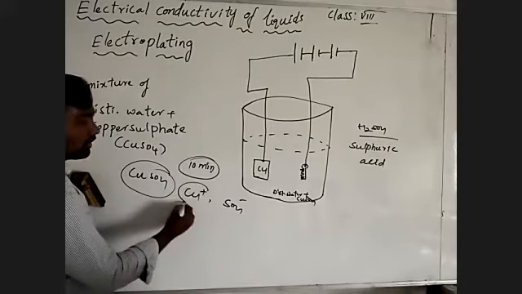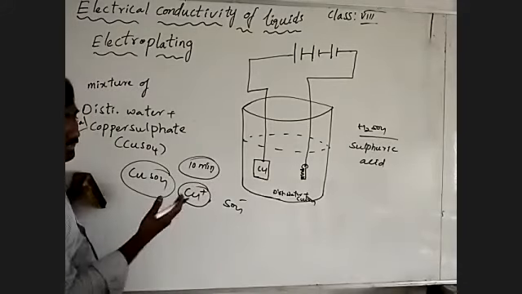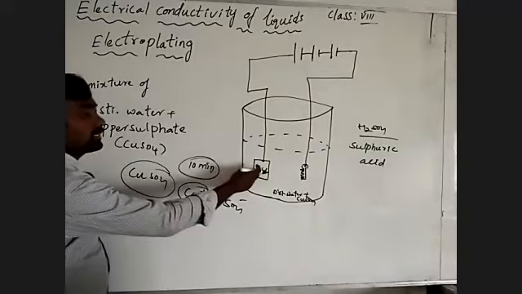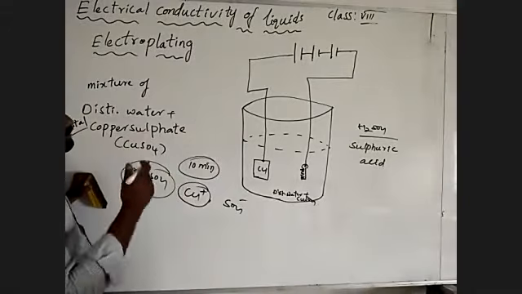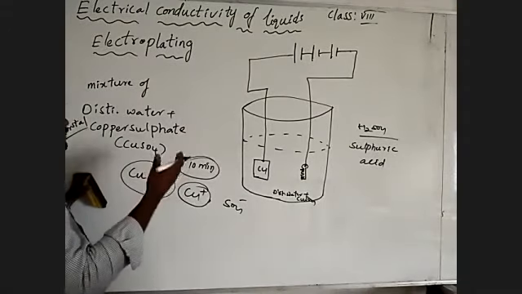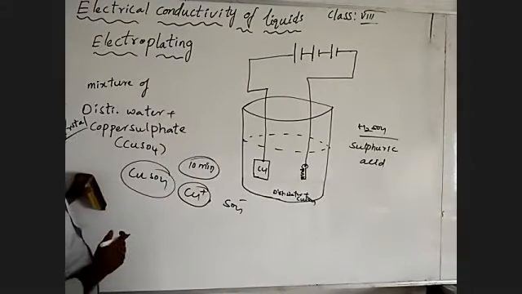By the formation of copper ions in the mixture, the copper is freed from the positive terminal of the battery. So that copper will deposit on the negative terminal of the conductor. Understand?